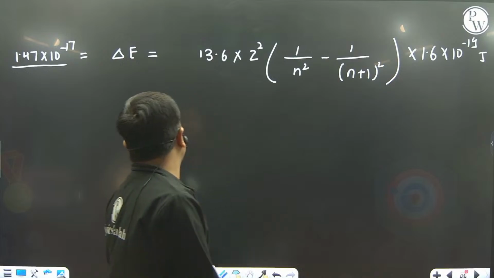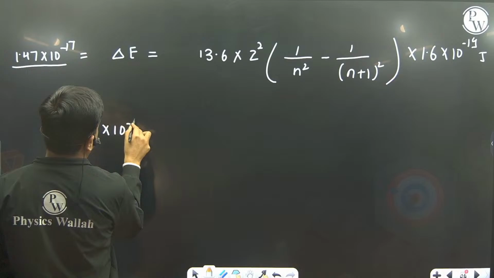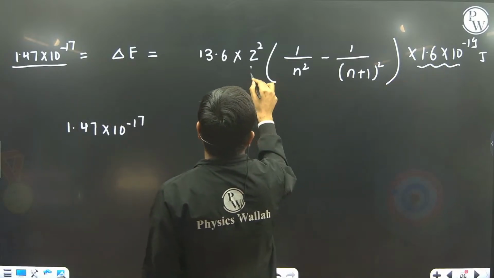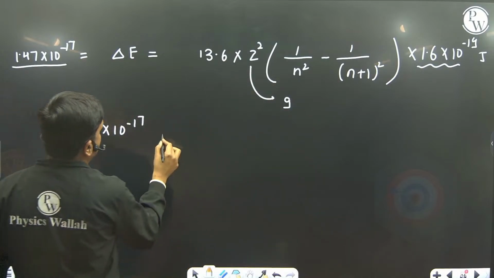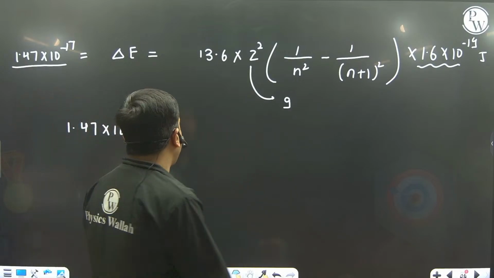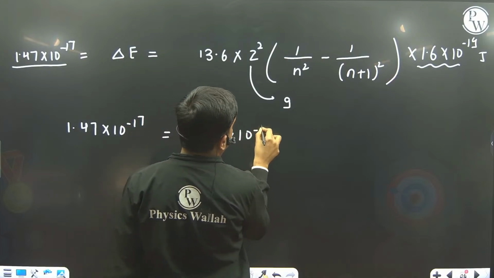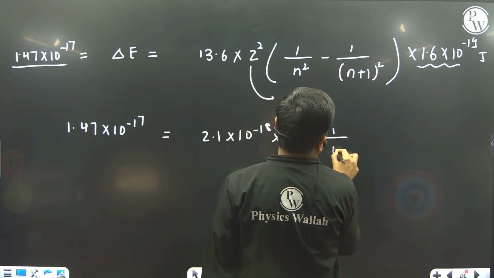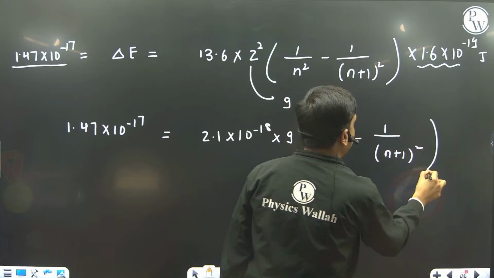Now can we equate it? Yes. So it's 1.47 into 10 raised to the power minus 17 equals this one into Z square, and Z square value is 3 square, so it is 9, right? So it is 13.6 into 1.6, somewhere around 21.8. So I can write it as 2.1 into 10 raised to the power minus 18 into 9 into 1 upon n square minus 1 upon n plus 1 whole square.